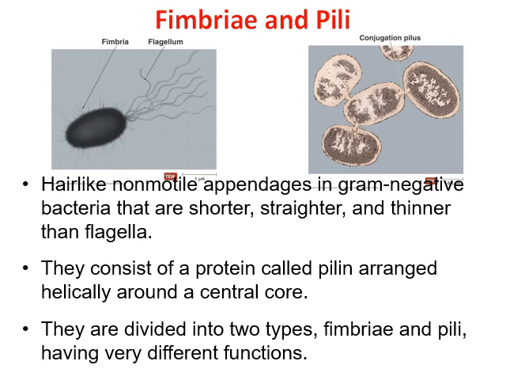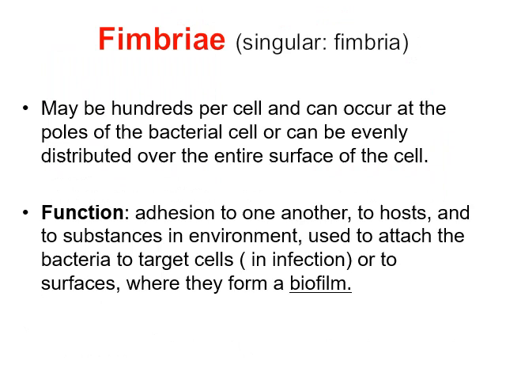Of course, they have different functions. Fimbriae, the singular is fimbria, may be hundreds per cell and can occur at the poles of the bacterial cell or can be evenly distributed over the entire surface.